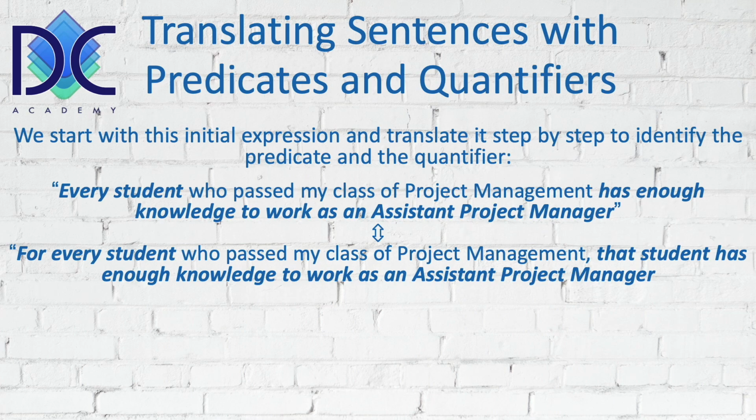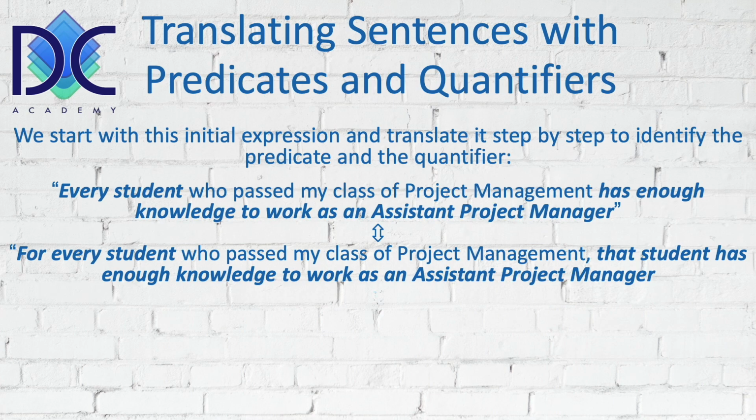I say, for every student who passed my class of project management, that student has enough knowledge to work as an assistant project manager. So I look at "for every student", which is typically an identification of a quantifier. "Passed my class of project management" is typically a predicate, and "the student has enough knowledge" is also a predicate.